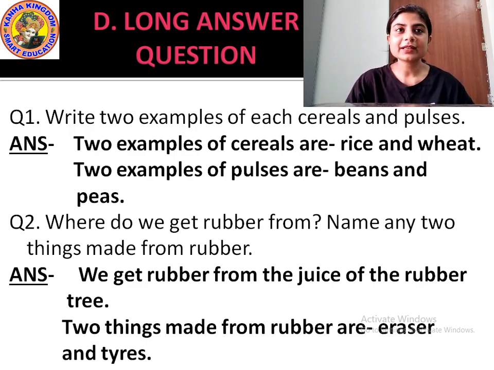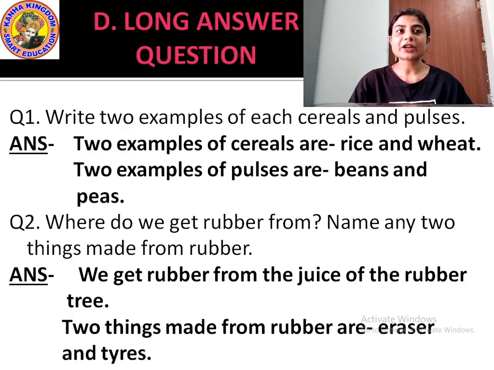So the answer is, two examples of cereals are rice and wheat. Two examples of pulses are beans and peas.